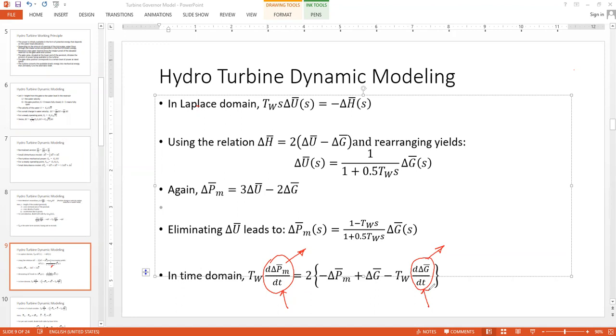Keep it in mind. For eradicating this problem, remember this is a control valve, a control gate valve. For eliminating this, what we have to do in the next lecture, we will introduce the governor.